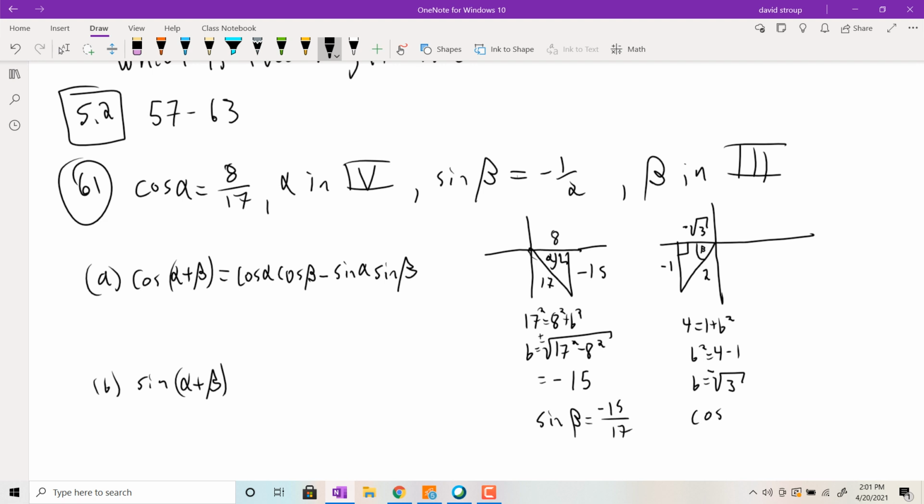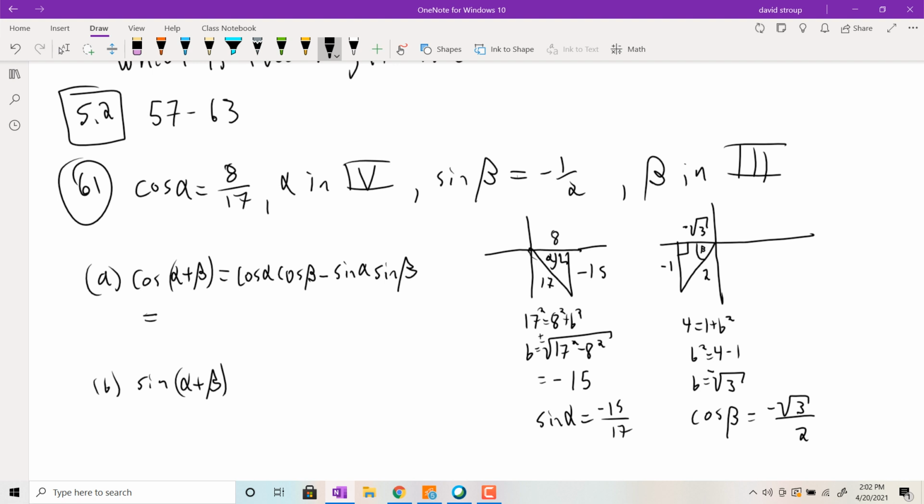And then I need cosine of beta, which will be adjacent, negative √3, all over hypotenuse, which is 2. Okay, and then we just kind of fill in the blanks.